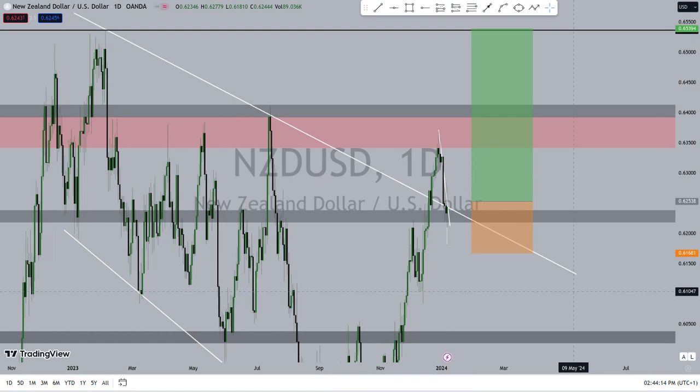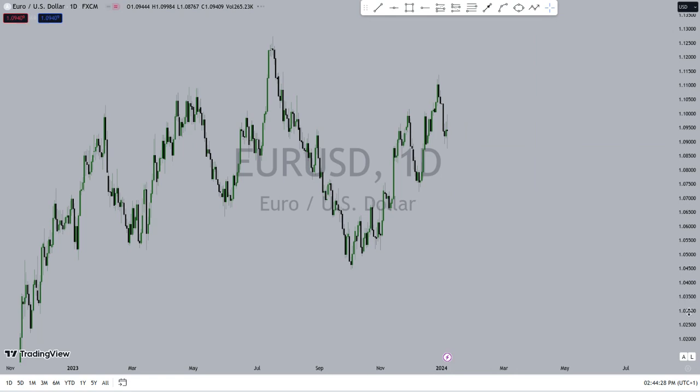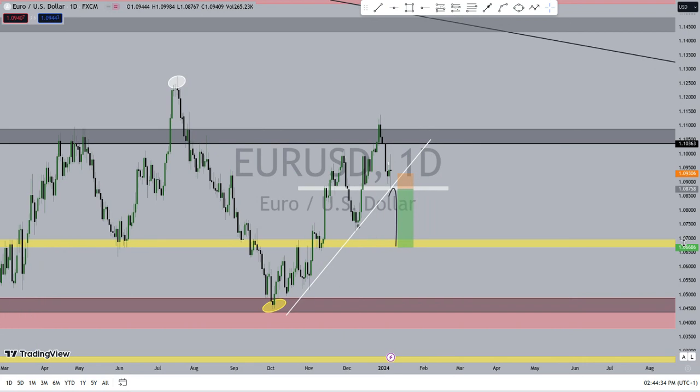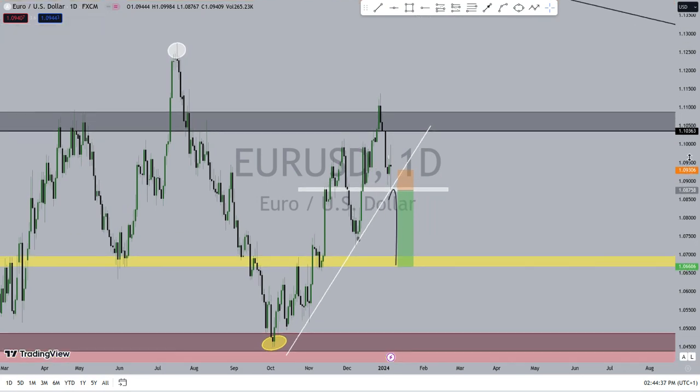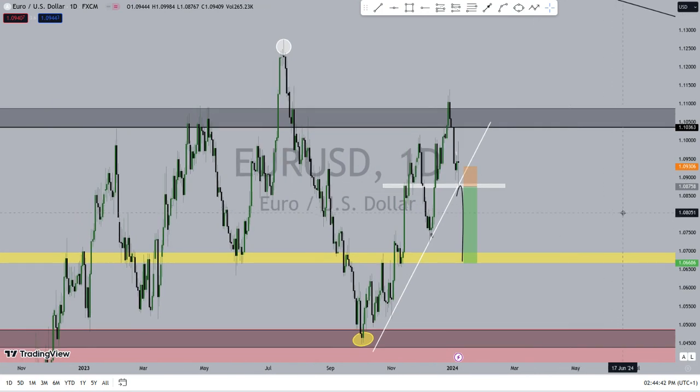On the next pair on our list here, we have Euro USD.